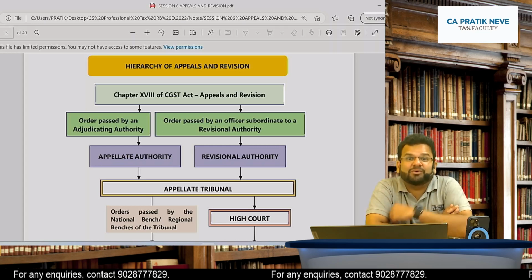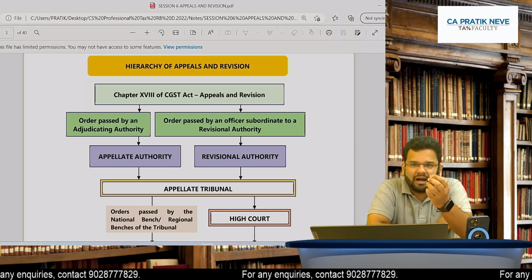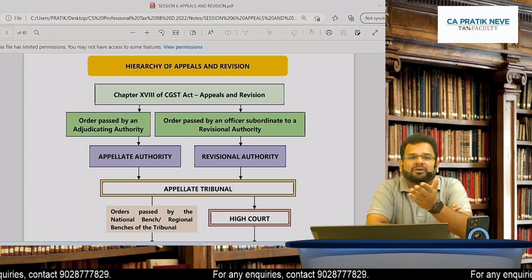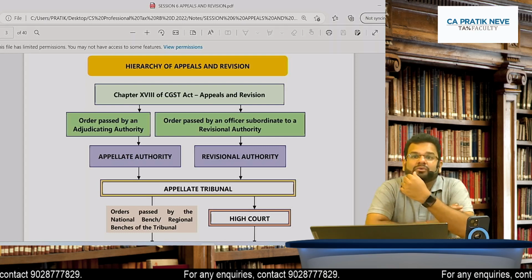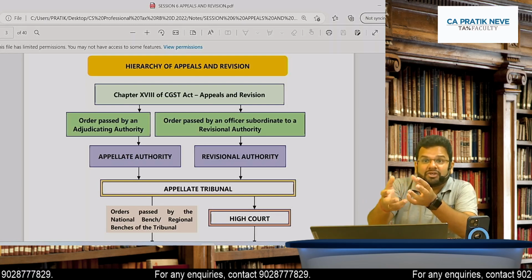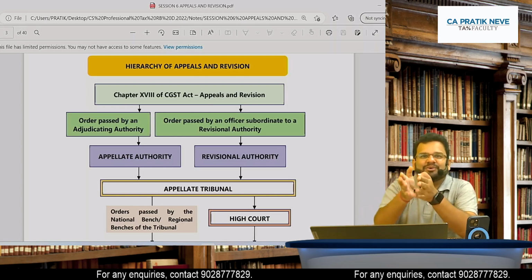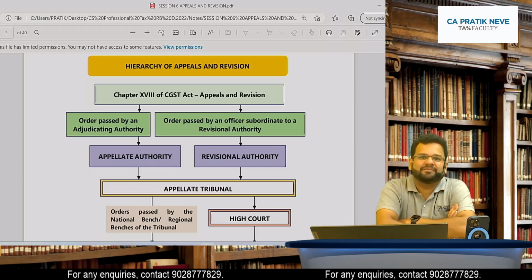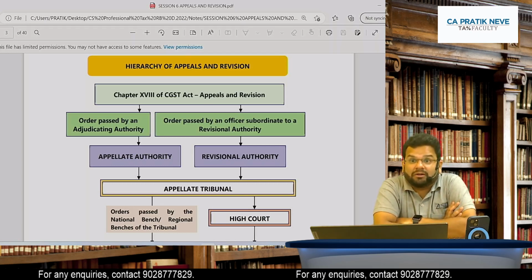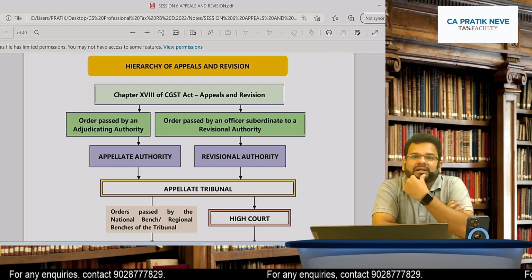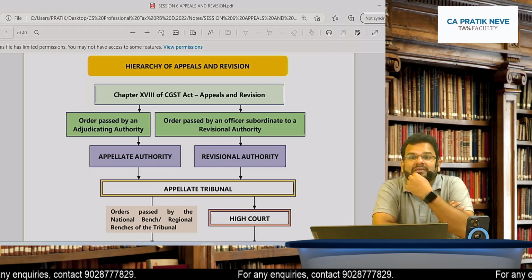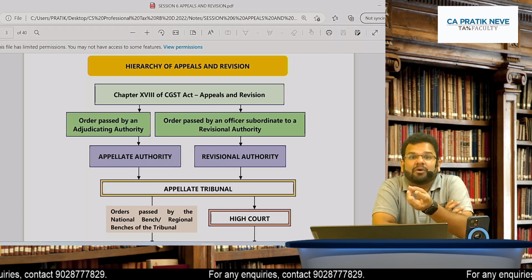I should be able to tell someone that the amount the adjudicating authority is trying to collect from me by issuing a particular adjudication order, which follows the show cause notice, is not correct.